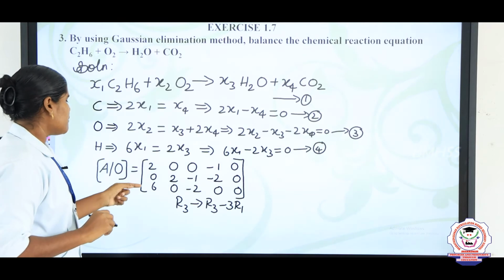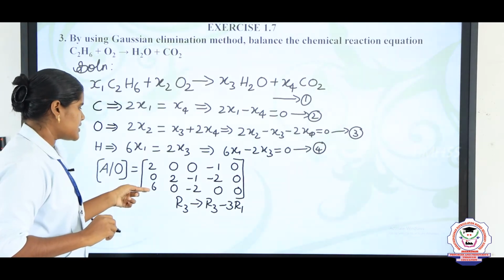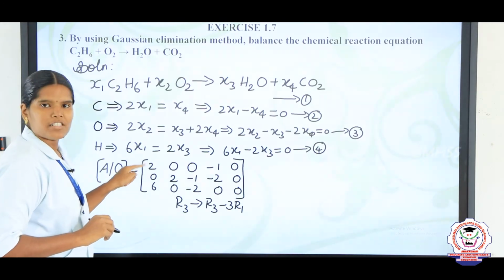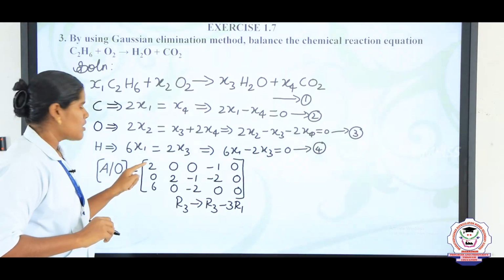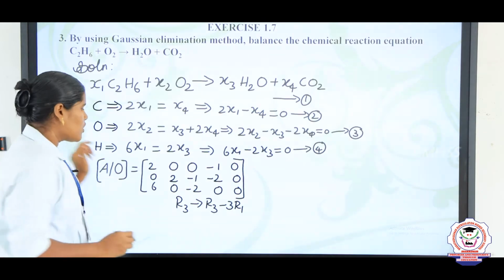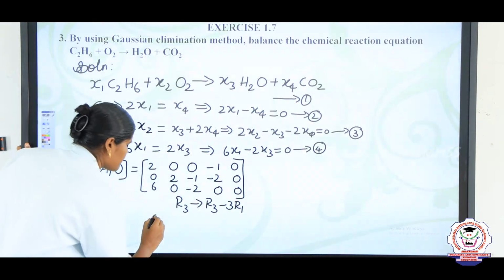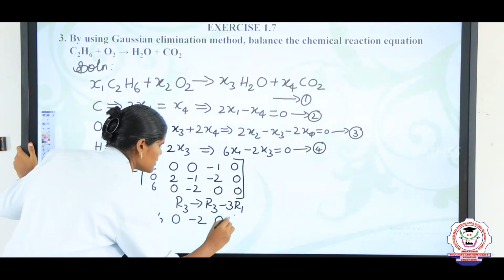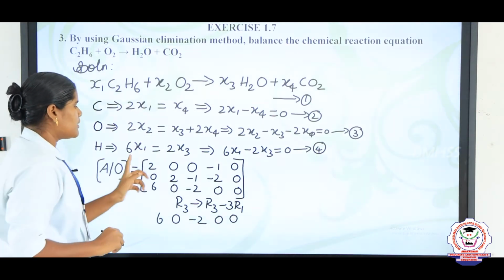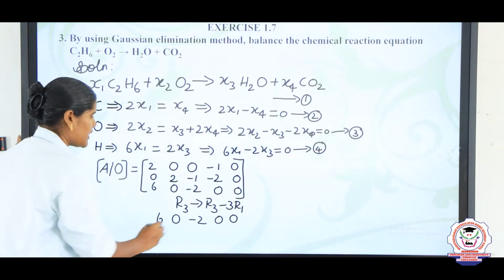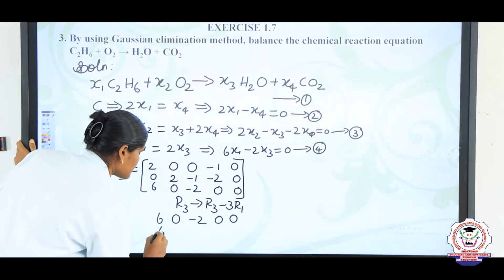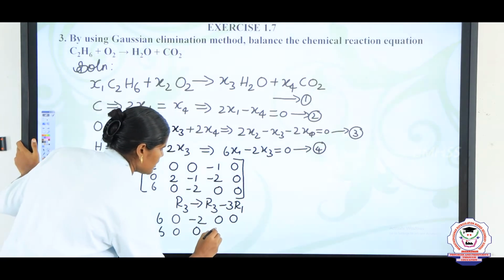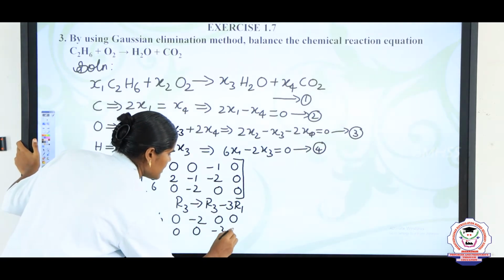If I take 6 minus 3R1, 3 2s are 6 in the first position, that is A11, so that will be 0. So R3 values are 6, 0, minus 2, 0, 0, and I am going to multiply row 1 with 3. So we get 3 2s are 6, 0, 0, 3 1 is 3, so minus 3, 0.